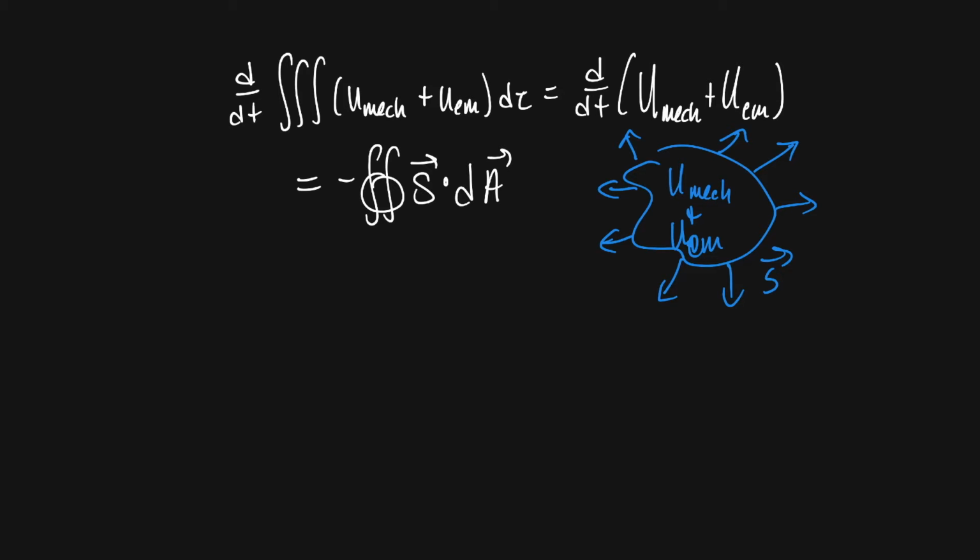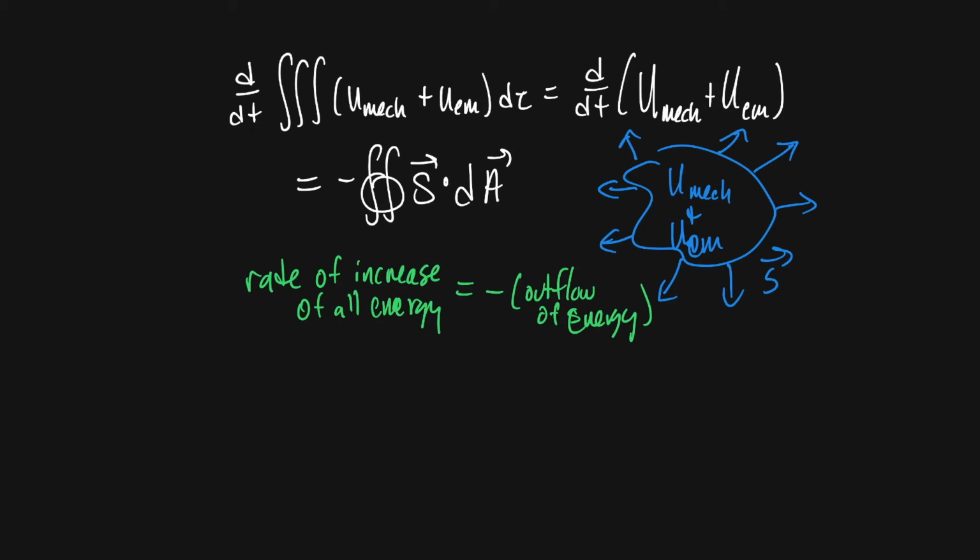So really this is the global statement of energy conservation, namely that the rate of increase of all of the energy in a given volume is equal to the negative outflow of that energy.